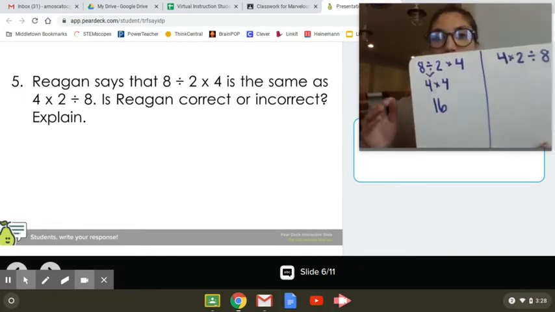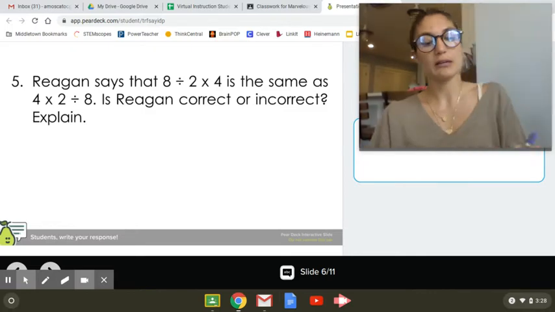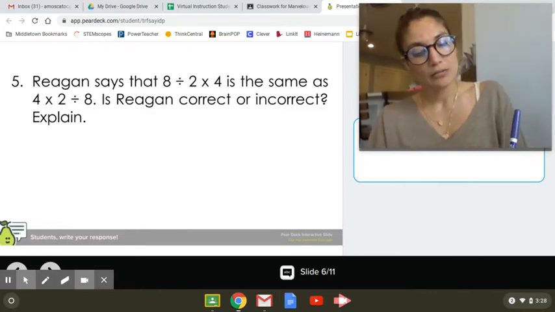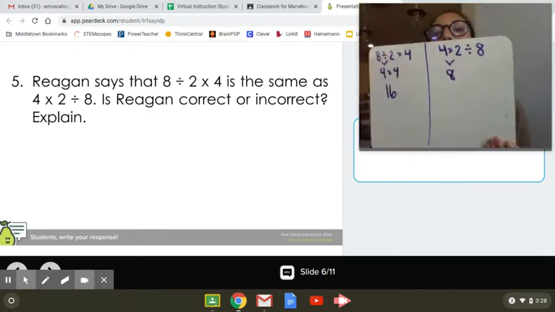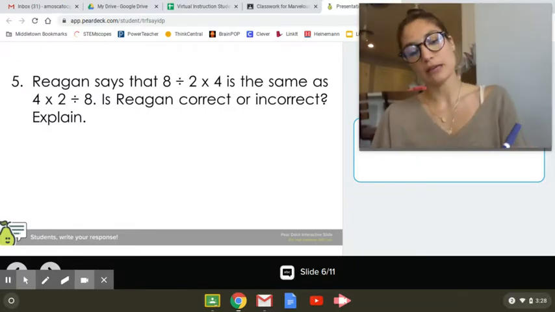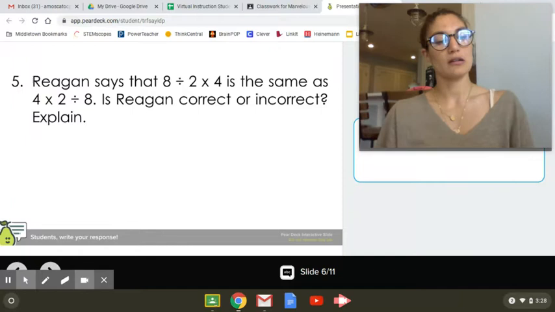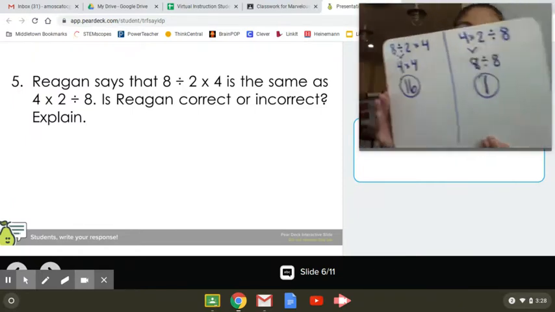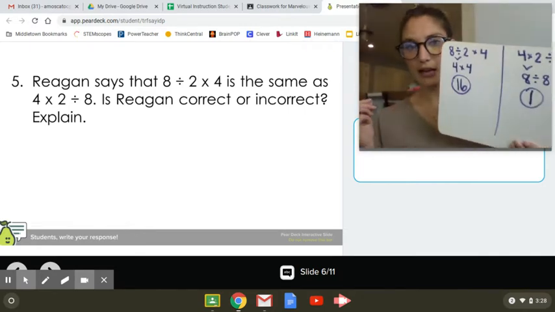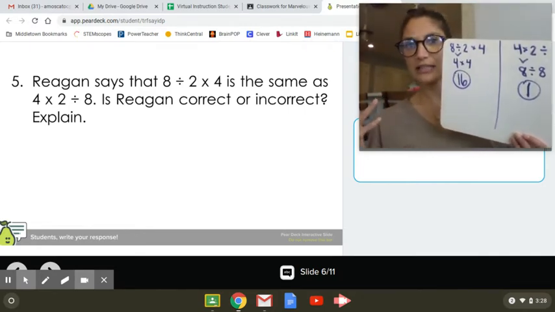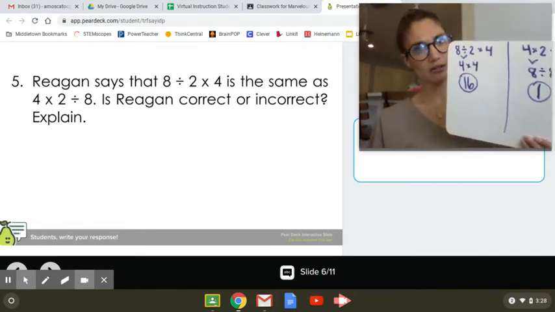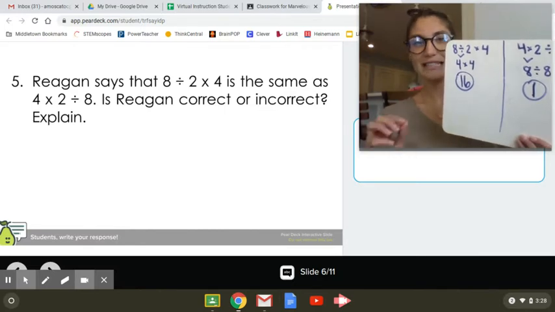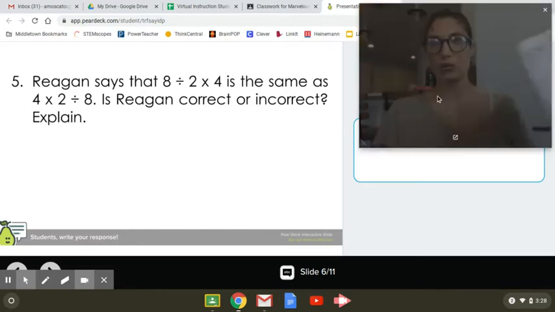First I need to do 4 times 2, which is 8. And then I still have divided by 8. 8 divided by 8 is 1. So on one side, I got 16, but on the other side, I got 1. Reagan is saying they're the same. So is she correct? No, she is not correct, and we need to explain why.